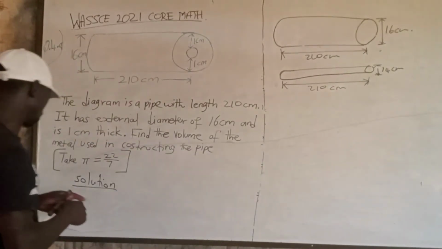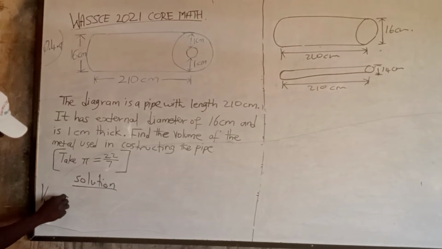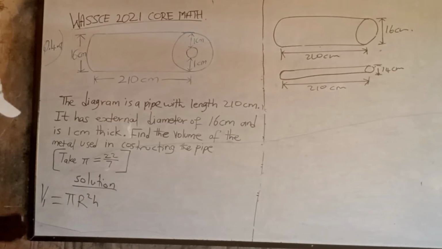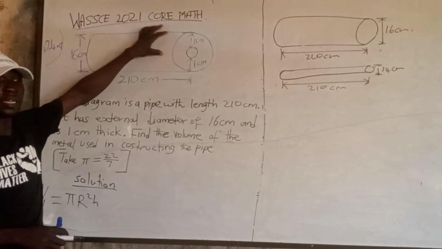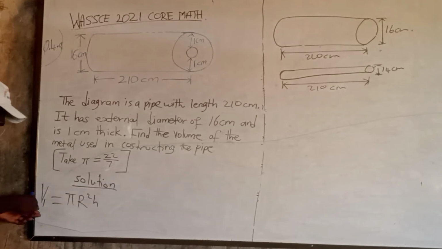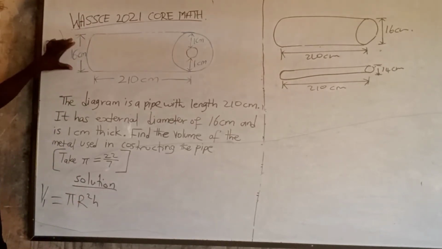So we represent the bigger cylinder with V1, and V1 represents the bigger portion, and we have R, the capital R, representing the bigger radius.